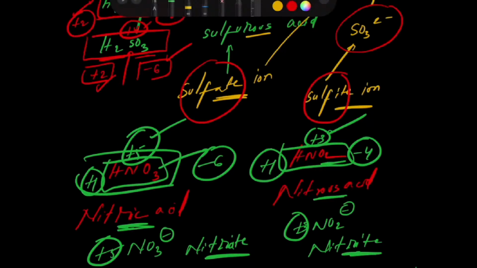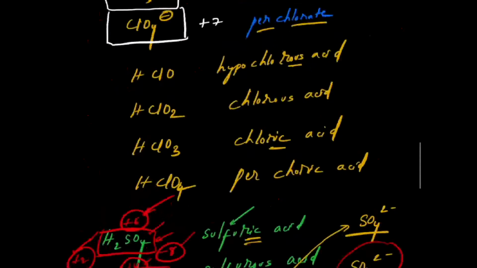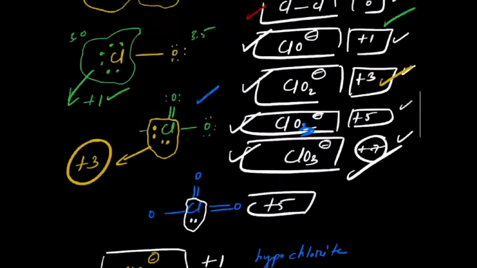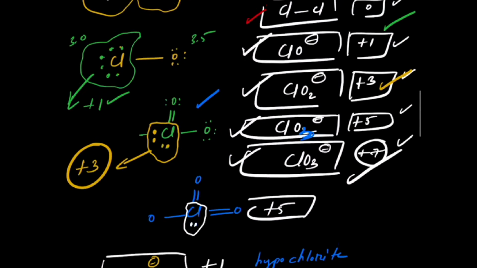So this is a little bit about oxidation states of various structures, and if you want, you can look at the structures of sulfate, nitrate, and all, just like the structures of ClO minus, ClO2 minus, ClO3 minus, ClO4 minus.